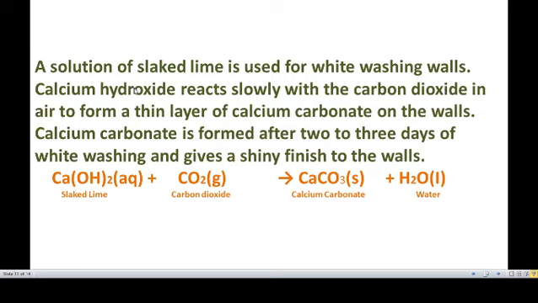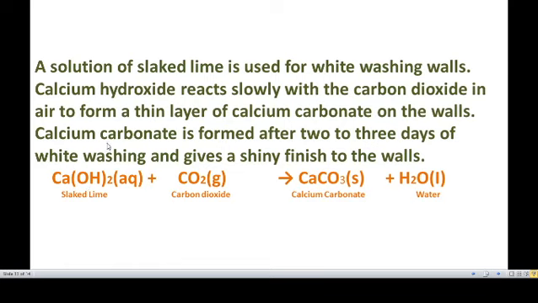But after applying calcium hydroxide on the walls, it does not immediately turn white. Only after two or three days do we see the shiny finish, the milky white color, on the wall. What is the reason?